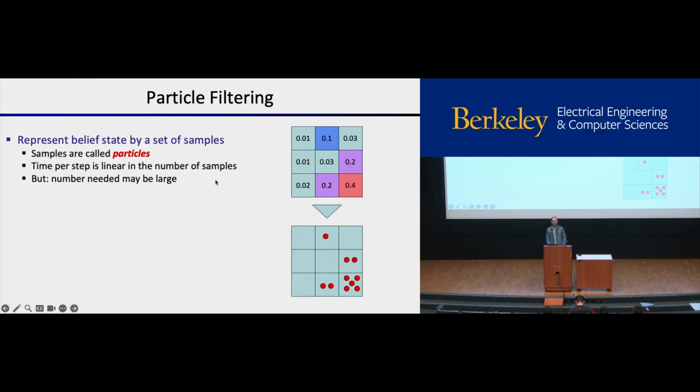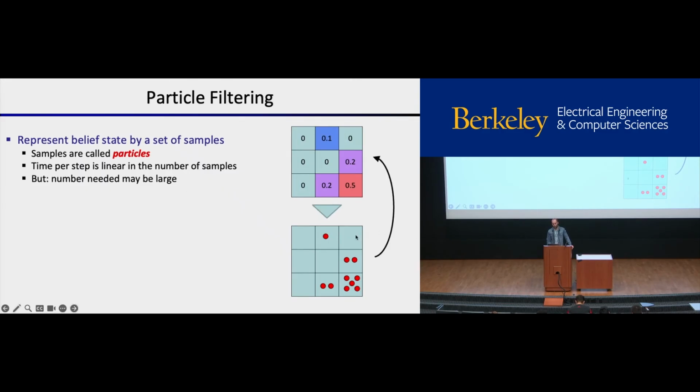We represent the belief state by a set of samples. This might be the true underlying belief state that we would have if we did the inference exactly, but we represent it like this. Ultimately, we're going to get an algorithm where the time it takes per step is linear in the number of samples, in the number of particles, but we may need a large number of particles to do well.